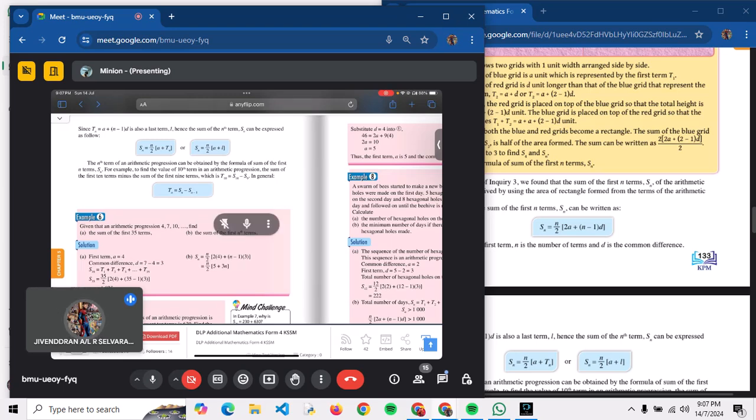So since Tn is a plus n minus 1 d, you can put it into that formula, where a plus n minus 1 d is the same as Tn. And Tn is also the last term of the sequence. The last term is known as L. So you can write it either as a plus Tn or a plus L.